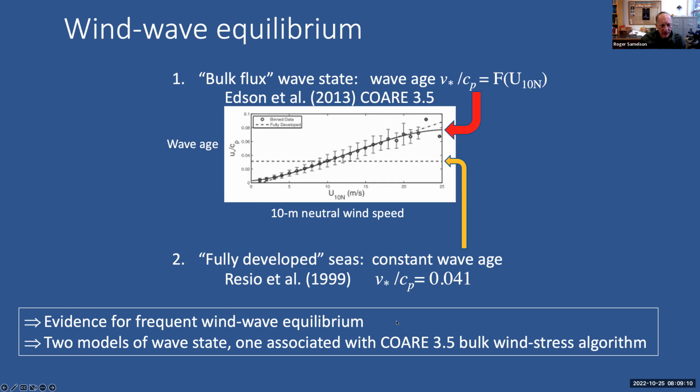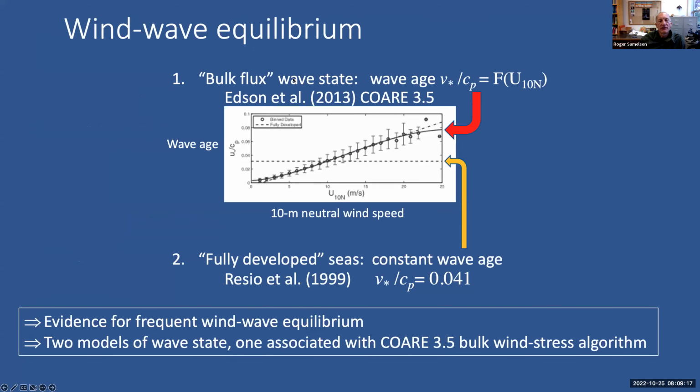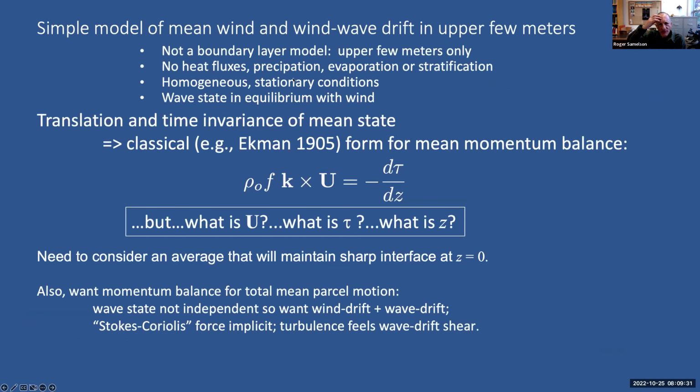So eventually here, I'm going to use two models of the wave state, and one of them is associated with this bulk flux, what I call the bulk flux wave state, and one is the fully developed seas wave state. But the main point here is just that I'm going to consider the case where these things are in equilibrium.